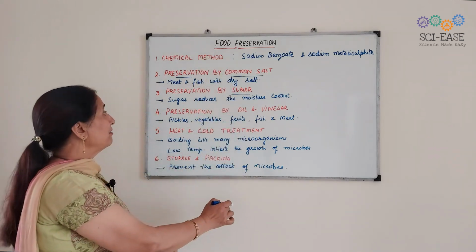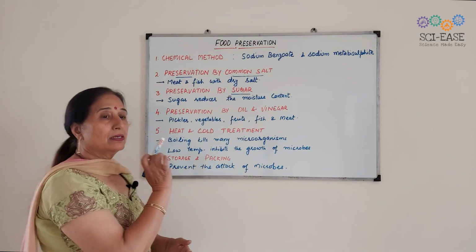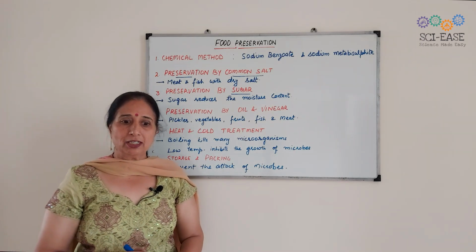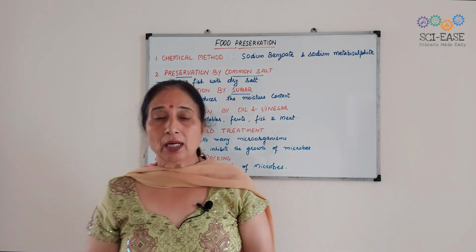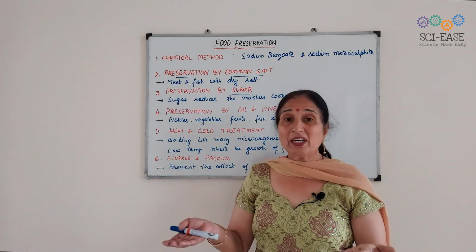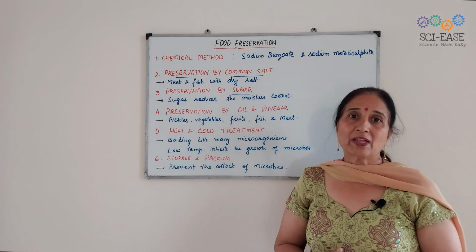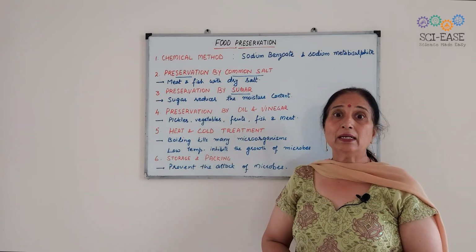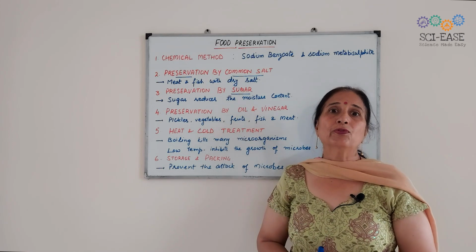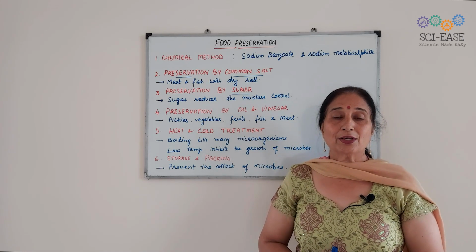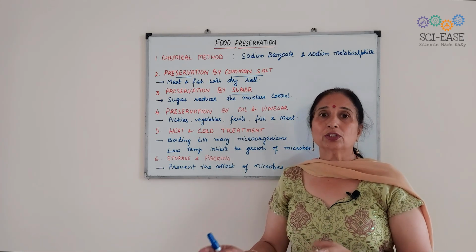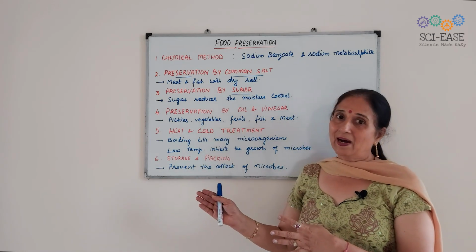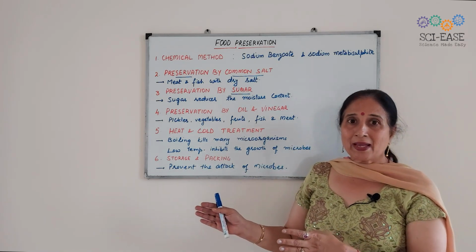All the methods I have explained in detail. 6 methods I have told you for food preservation, and it is a must. Otherwise, so much wastage will be there. If these methods are not adopted, then there is wastage of food. So in order to preserve food, these methods are adopted.